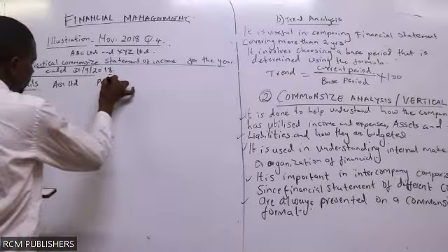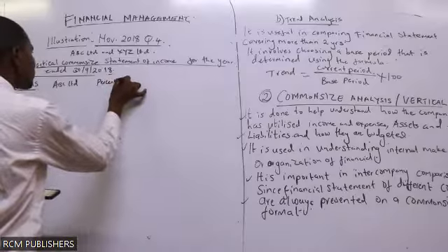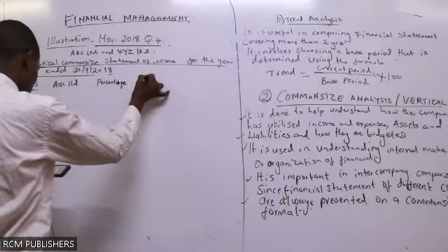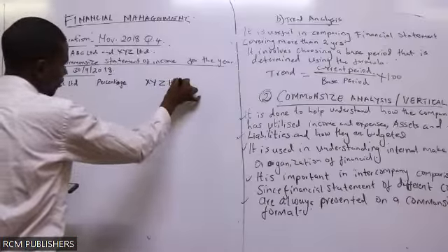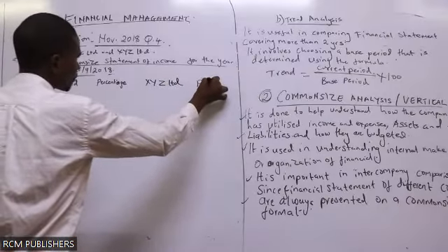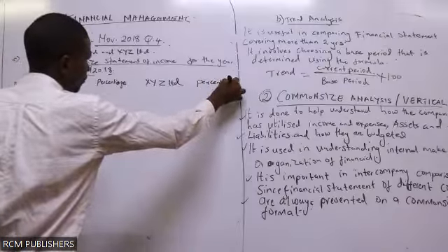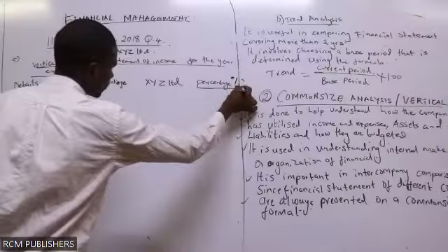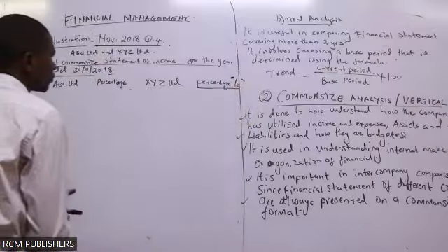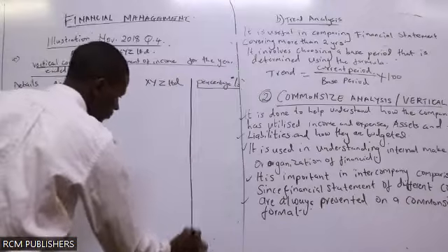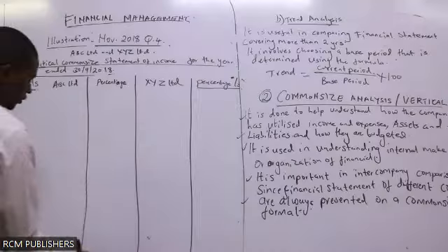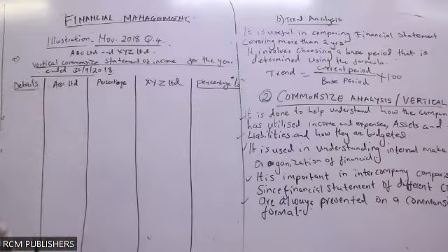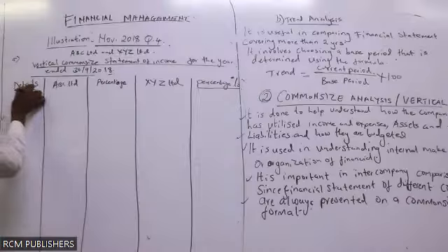Percentage. Then I have my company XYZ Limited, then percentage for the change. So you can put it in column form to make your work look better, a neat column form, and to guide you on how to move around.